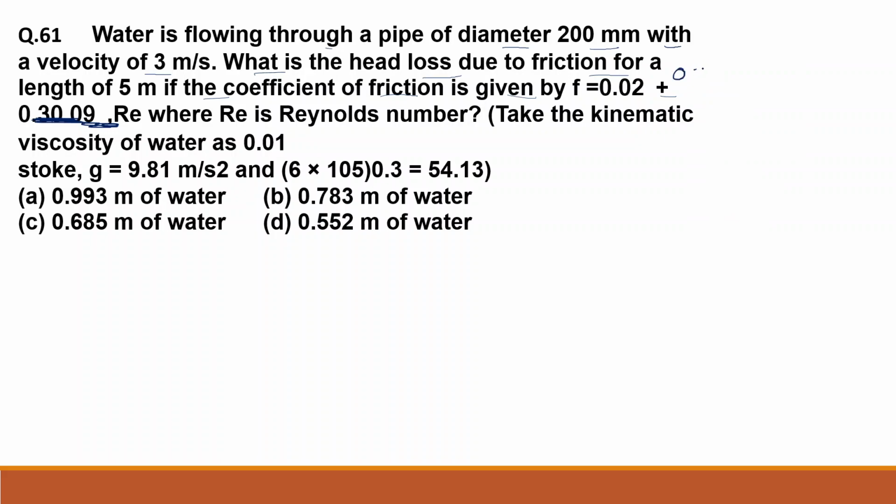Where Re is the Reynolds number, and take the kinematic viscosity of water as 0.01 stokes, g is equal to 9.81 meter per second square, and 6 into 10 to the power 5 to the power 0.3 is equal to 54.13.